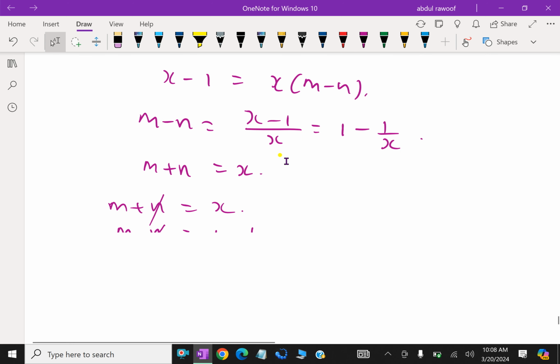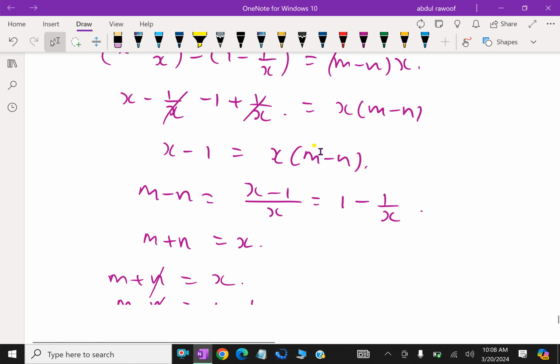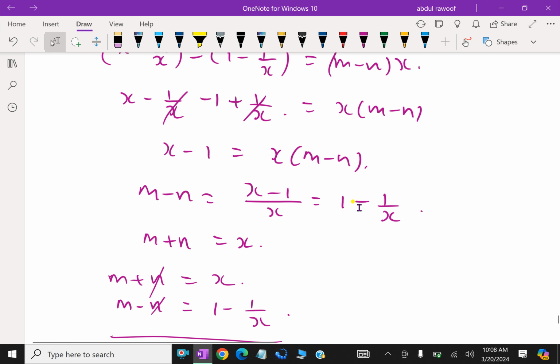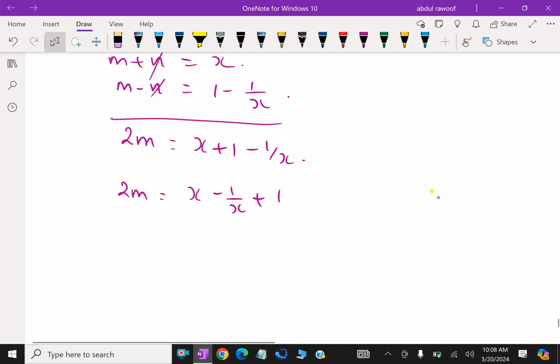Here we have 2m equal, further, 2m equal x minus 1 over x is m square, because square root of x minus 1 over x is m.